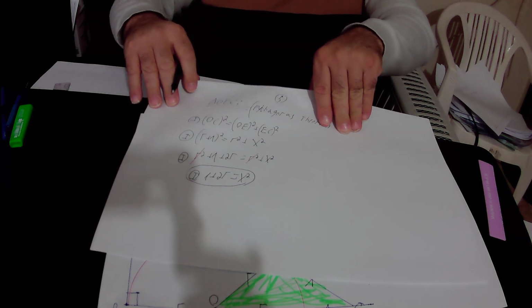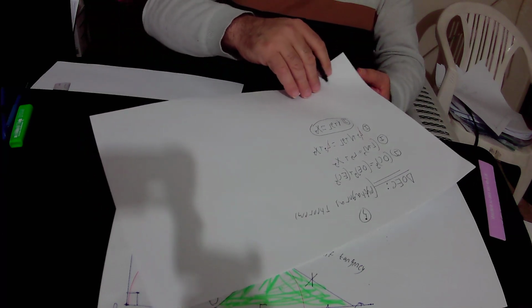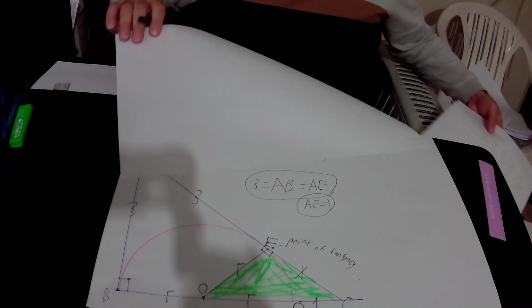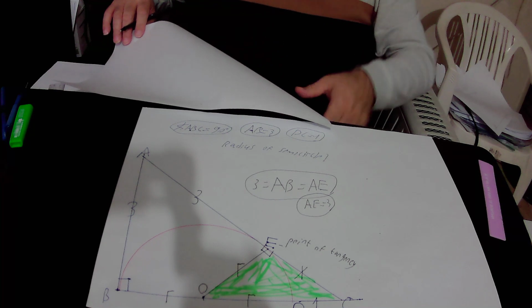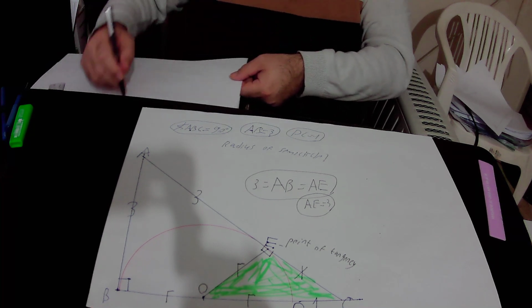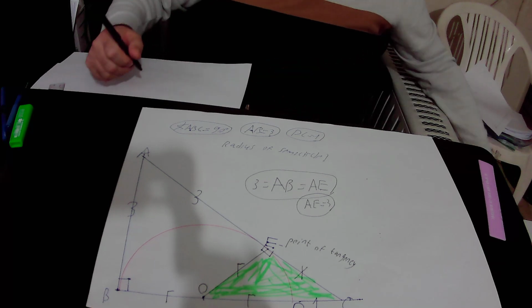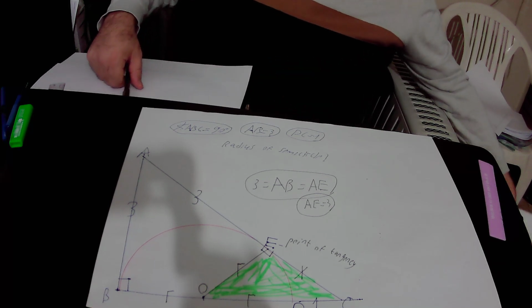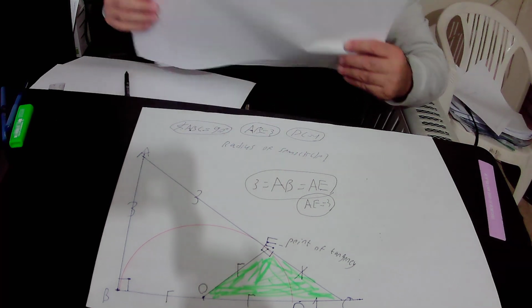So in the next step, we will focus on two triangles: triangle ABC, the big right triangle, and the green right triangle, triangle OEC.